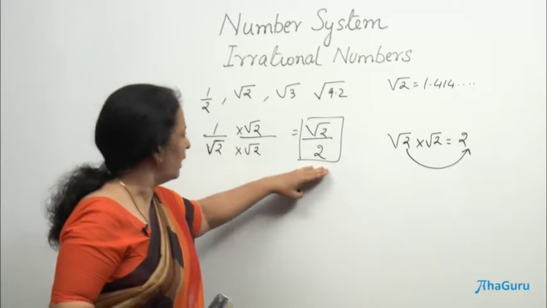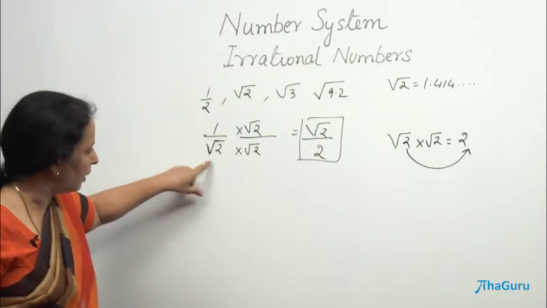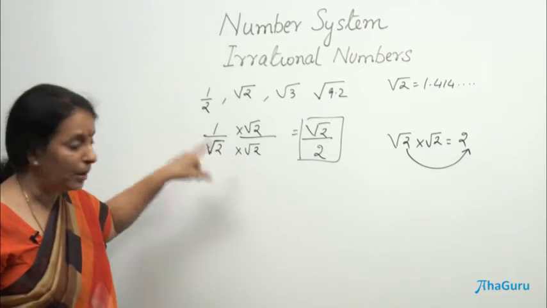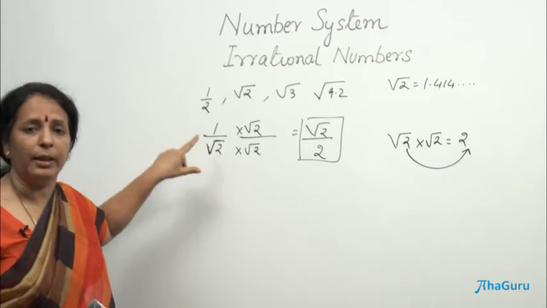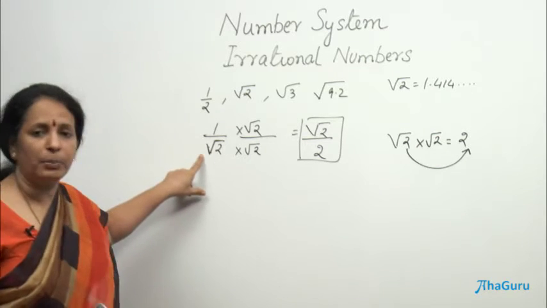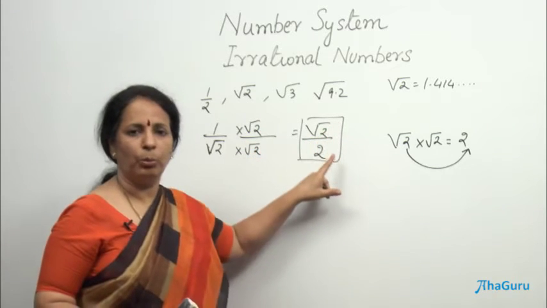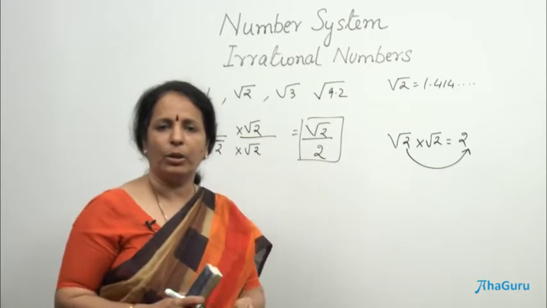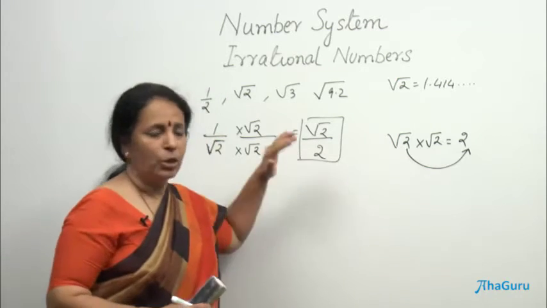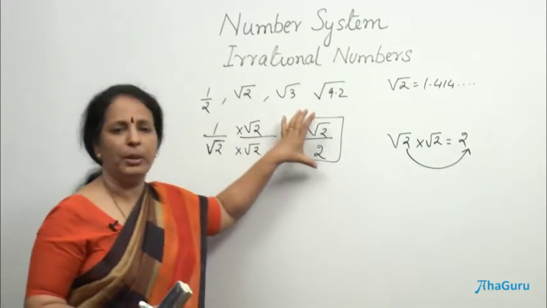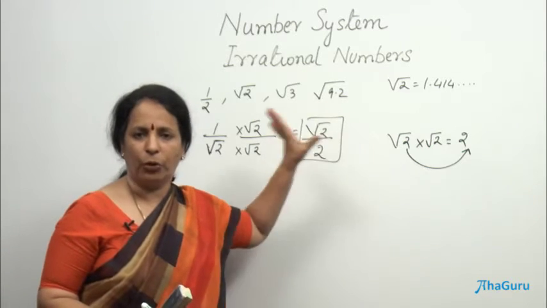So, this irrational number with an irrational number in the denominator has been rationalized by multiplying by root 2 to get root 2 by 2, and this can be plotted on the number line. So, any such number has to be immediately converted into this form, that is all.